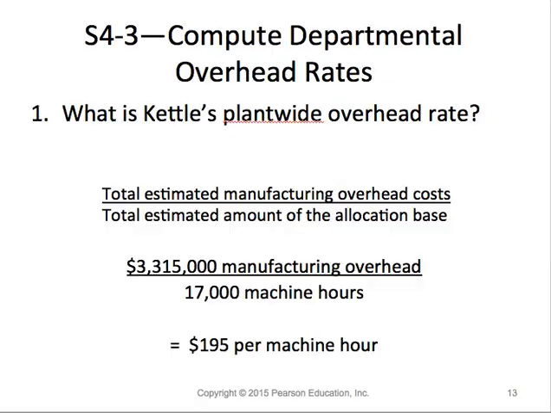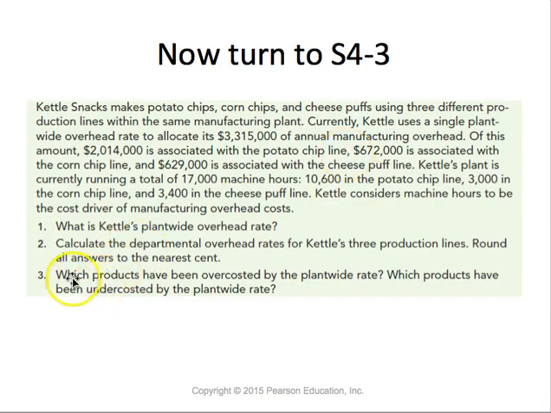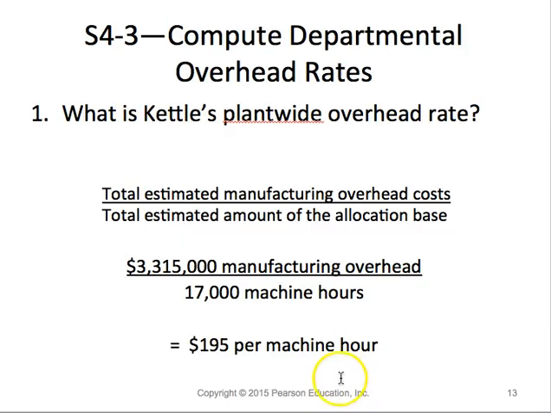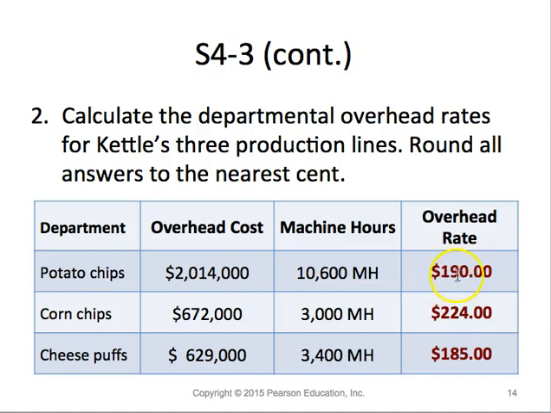So the question is, which products have been overcosted by the plant-wide rate? Which ones have been undercosted by the plant-wide rate? So we have 195 as plant-wide, but in reality it is 190. So this is overcosted, and this is undercosted because the 195 is less than this, and this is also overcosted.